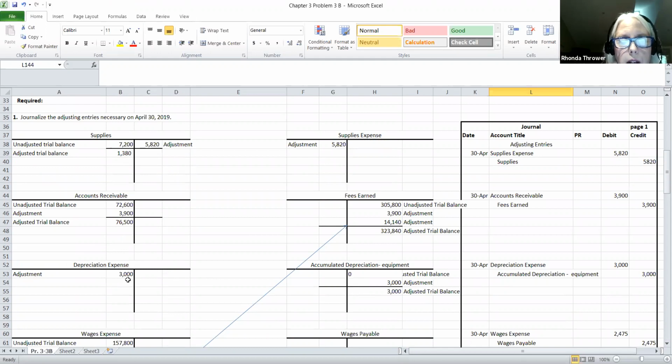Now with depreciation entries, this is the adjusting entry that will always be the same. It will always be a debit to depreciation expense, and it'll always be a credit to accumulated depreciation. And the amount will be the amount of the depreciation expense for that period of time. So in our journal, we're going to debit depreciation expense and credit accumulated depreciation for $3,000.